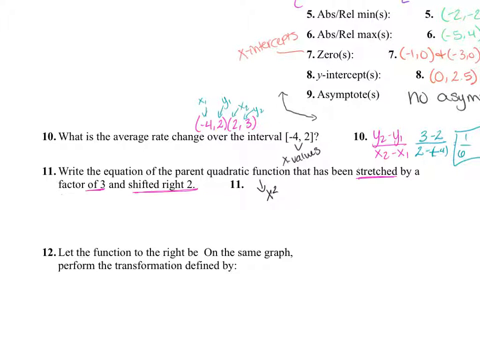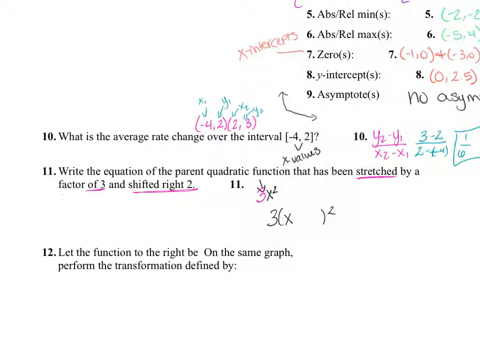So we're going to put a 3 out in front. And then shifting right 2 goes in parentheses with our x value. So right now we have 3 times x squared, and then we need something inside the parentheses with the x. And we're going right 2.